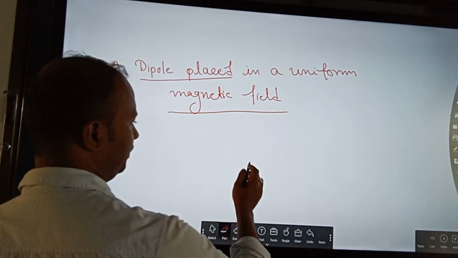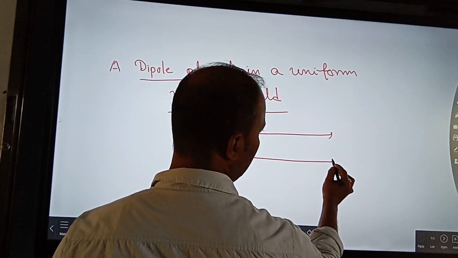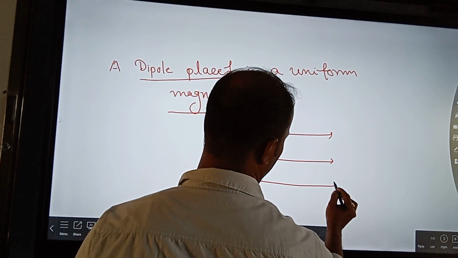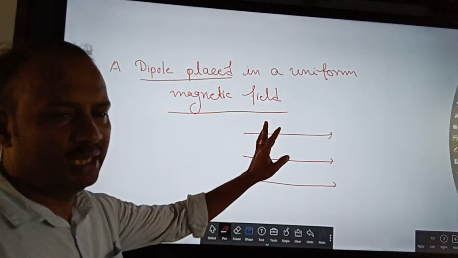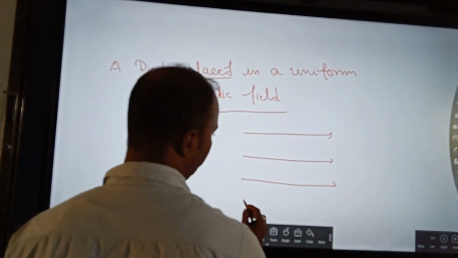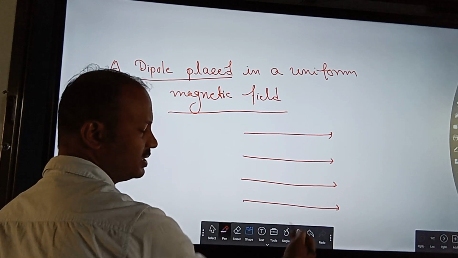So what does uniform magnetic field mean? We draw this, a uniform magnetic field. The direction of the field lines is the same, and the gap between them is equal.